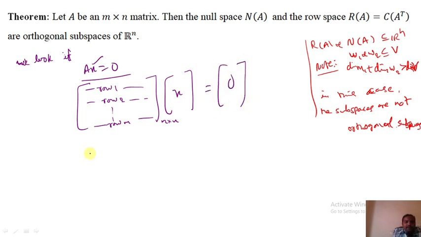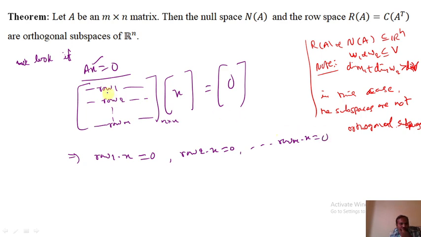Now observe here. Row 1 vector times the x vector, where x means x1, x2, and so on, the solution, is equal to 0. Row 2 times x equal to 0, and so on, row m times x equal to 0.